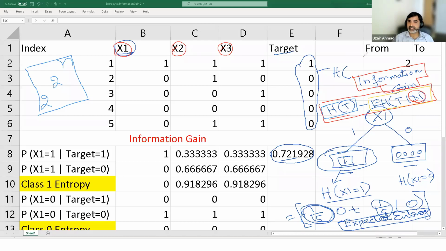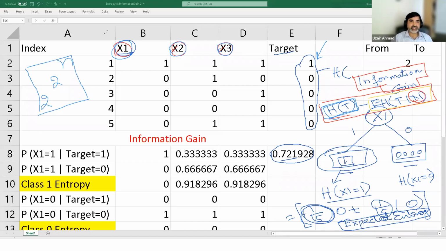We first calculate the entropy of target, and then we see one by one the expected entropy of target if we split on x1, if we split on x2, if we split on x3. We subtract the expected entropy of target given an input variable from the entropy of target.